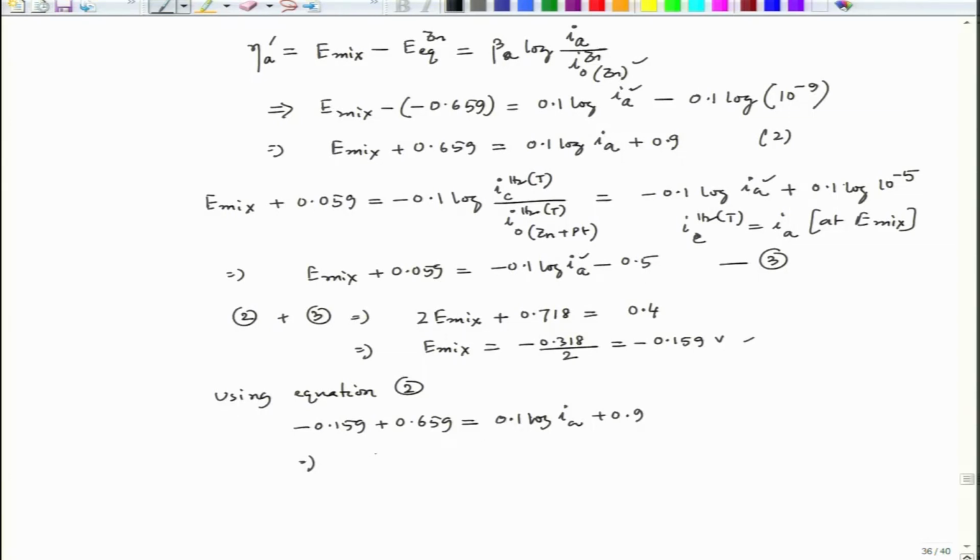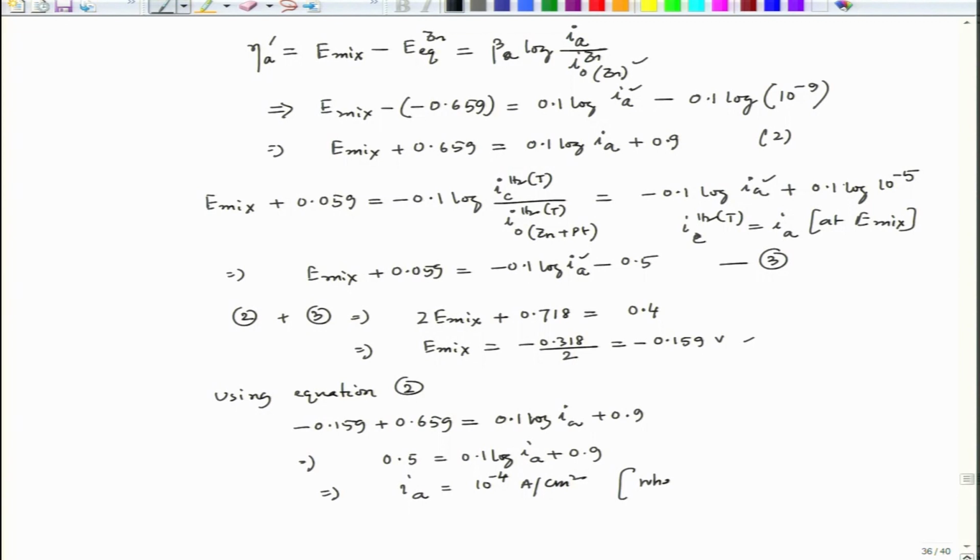So, we are getting this as 0.5 equal to 0.1 log of I_A plus 0.9. So, I am getting I_A to be 10 to the power minus 4 ampere per centimeter square.